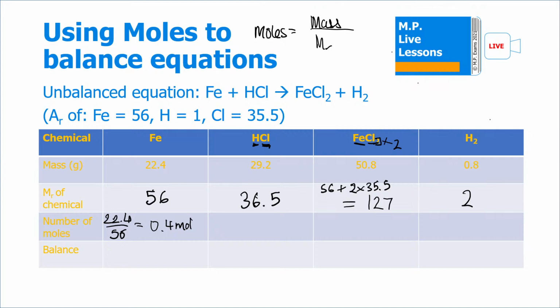For the second one, hydrochloric acid, it's 29.2 divided by 36.5. This gets us 0.8.